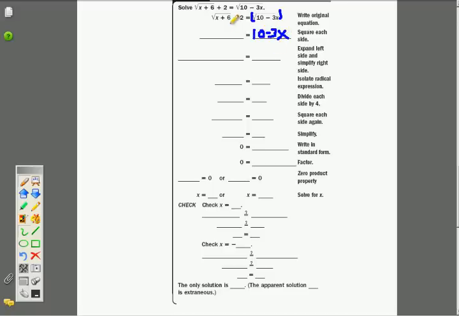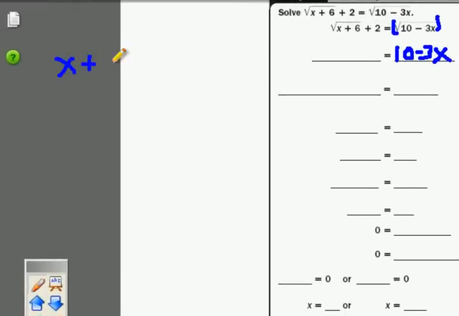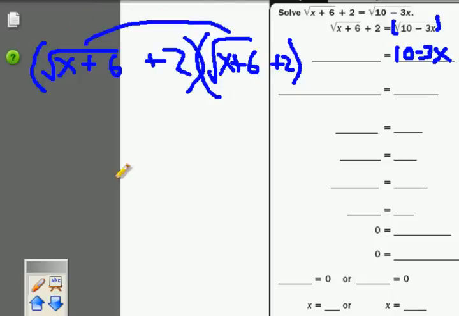However, if I square the left side, I get the square root of x plus 6, plus 2, times the square root of x plus 6, plus 2. And that's one of those monster FOIL problems. So when I do first, I get the square root of x plus 6, squared. So that's just going to be x plus 6.